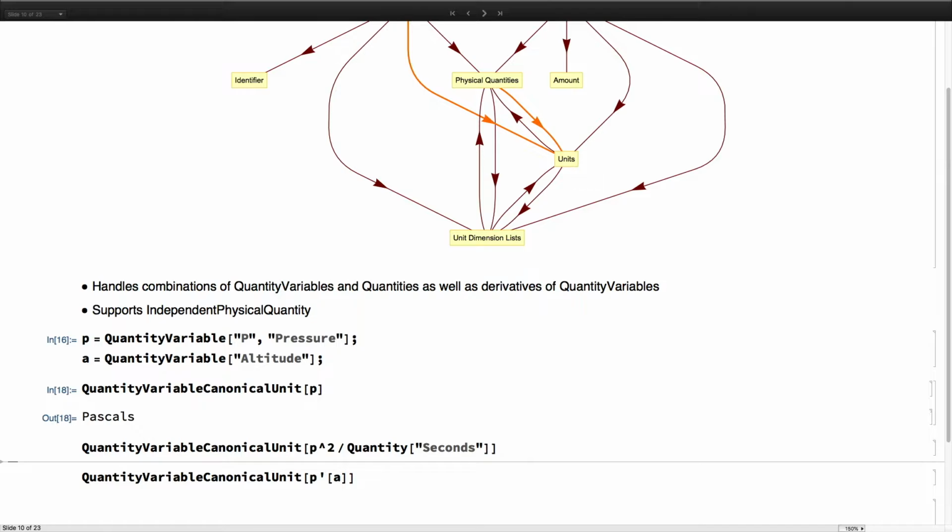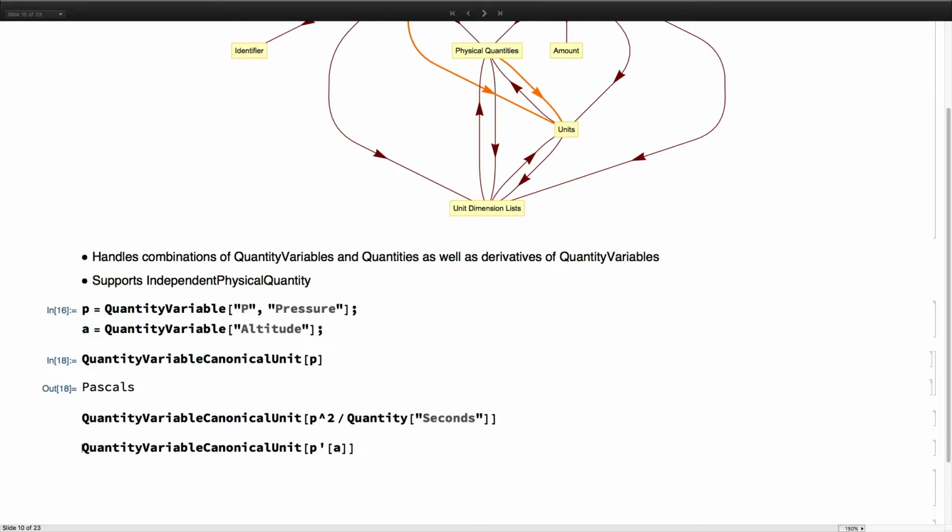For this example here, we'd be finding the canonical unit for pressure and dividing it by seconds. So pascals divided by seconds. Or in this case, it would be pascals divided by the canonical unit for altitude, which I believe is meters, yes.